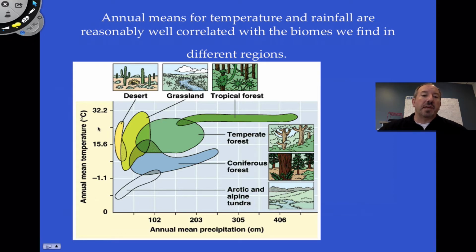This is in Celsius, and just your room temperature is around 25 degrees, 37 is body temperature, so 32 is pretty warm. This is of course freezing. So you go from cold to very hot, from very little water to very, very much water.